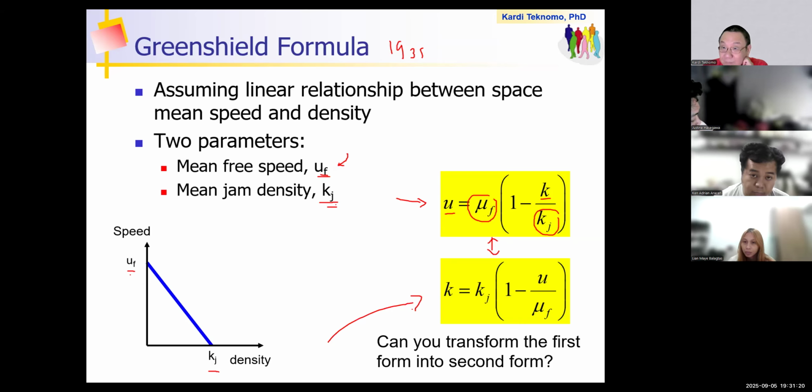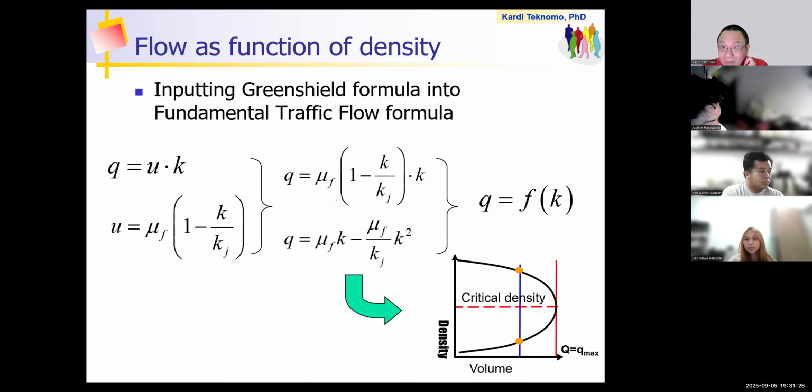Now, having these two, we connect with the fundamental traffic flow formula. This is the fundamental traffic flow formula, and this is the formula for the Green-Shield linear model.